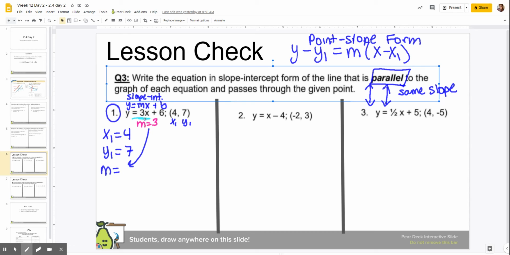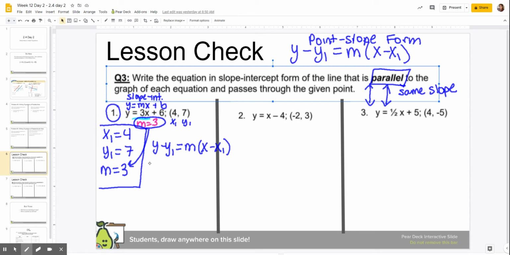So since the original slope is positive 3 and I want it to be a parallel line, then my new line is also going to have a slope of positive 3. Okay? Now that we figured out our slope is positive 3 and our x1 and y1 are the values of 4 and 7, I can use point slope form to figure out my new equation that will be parallel to the original.